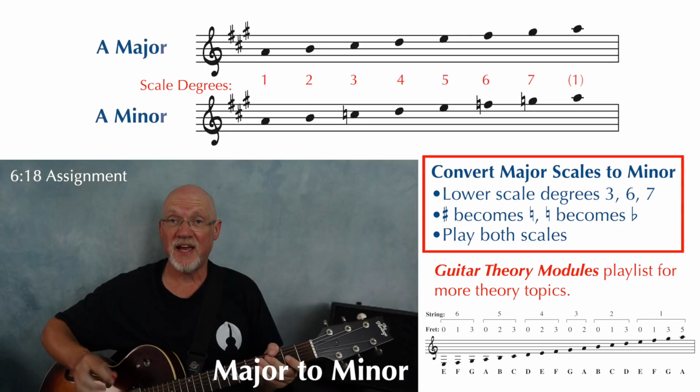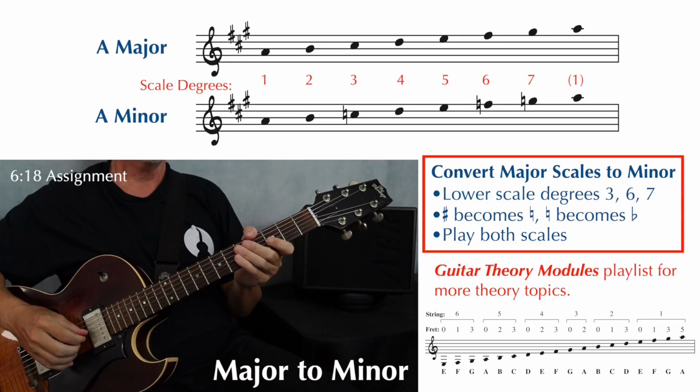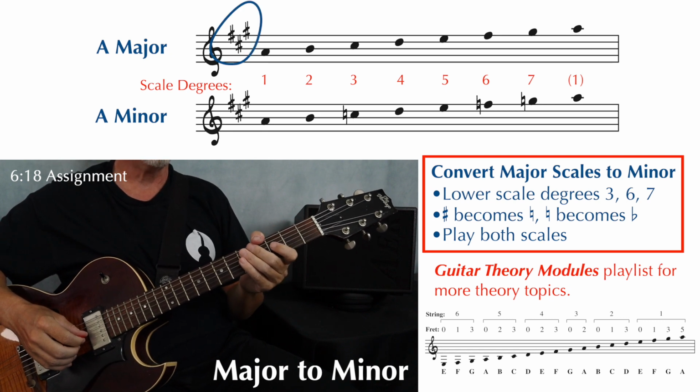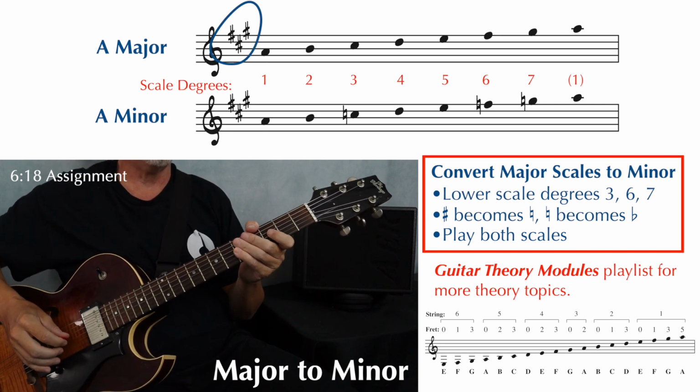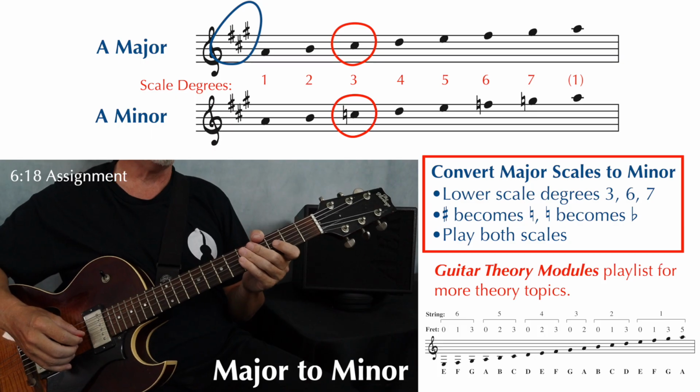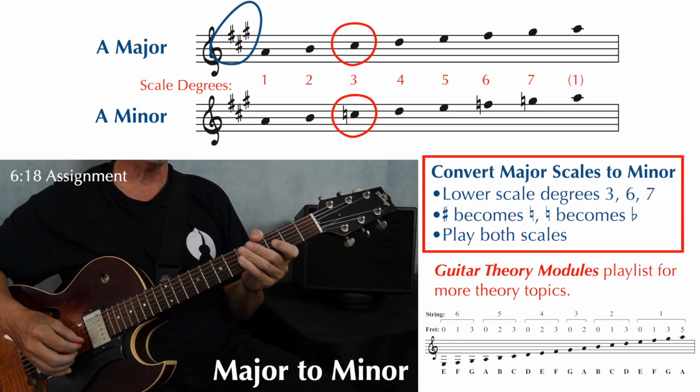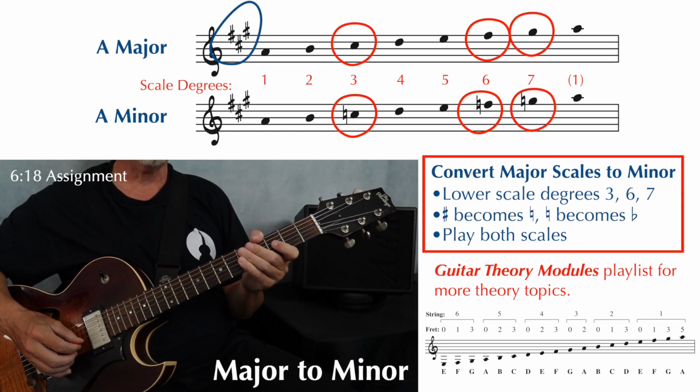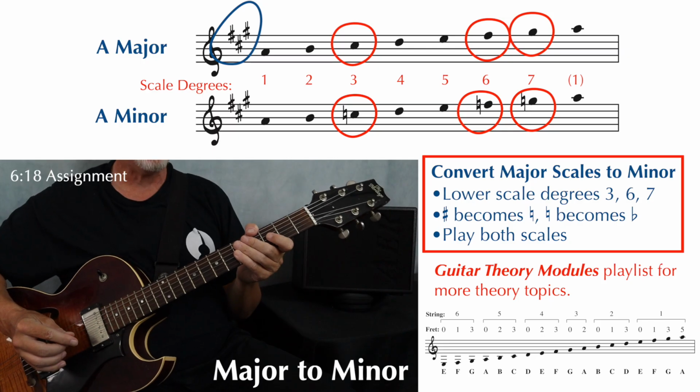Now we're going to change A major to A minor. Three sharps in the key signature, F sharp, C sharp, and G sharp. Change the third scale degree from C sharp to C natural, the sixth scale degree from F sharp to F natural, and the seventh scale degree from G sharp to G natural.